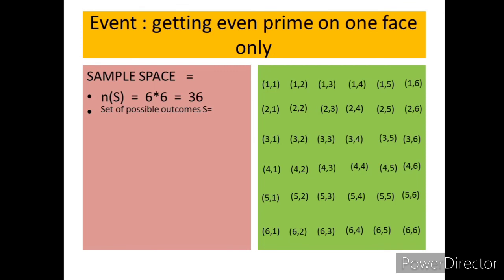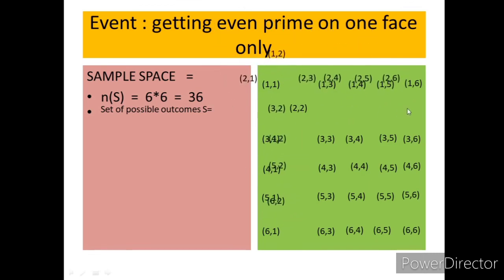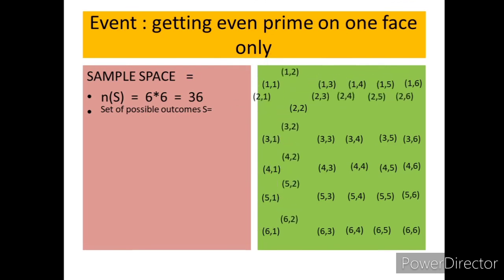You will try to identify for a while. Now you see, the bounced outcomes are our favorable outcomes. But this 2 comma 2 is not bounced, you see. So other than this 2 comma 2, the second row except this one and the second column except this one, all are our favorable outcomes.